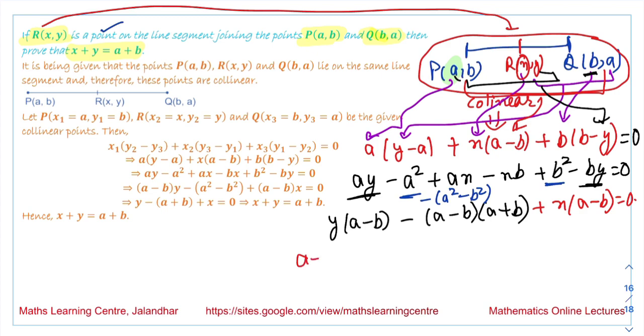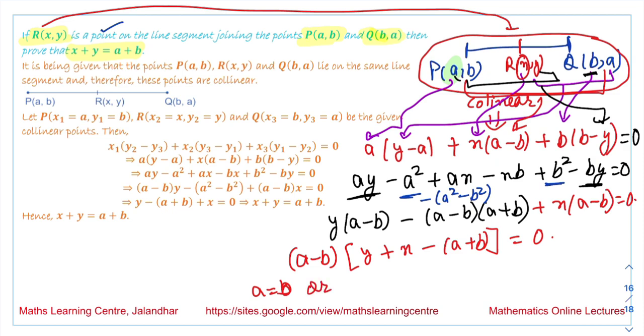So what we get is a minus b common from all these terms, and what we are left with is (a minus b) into (y plus x minus a minus b) is equal to 0. So we are saying either a is equal to b or x plus y is equal to a plus b.